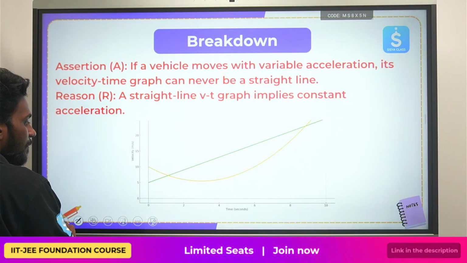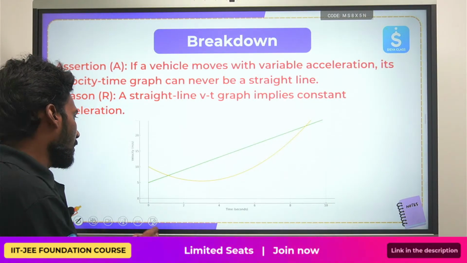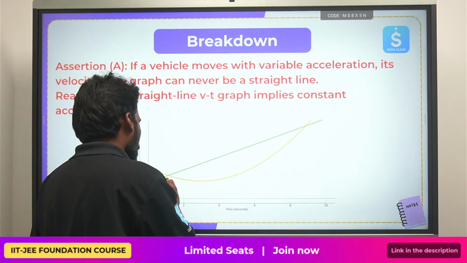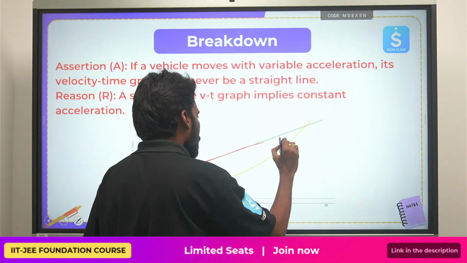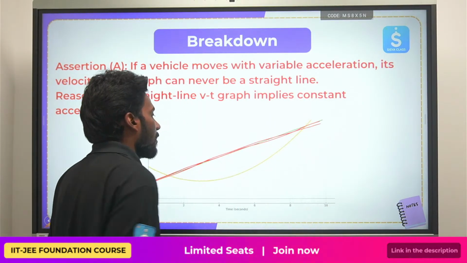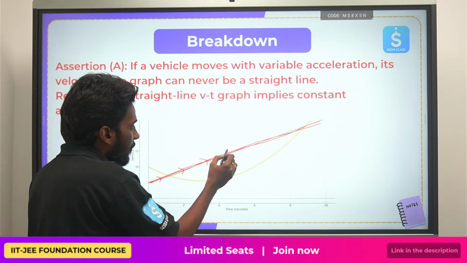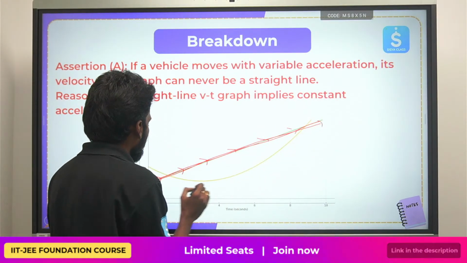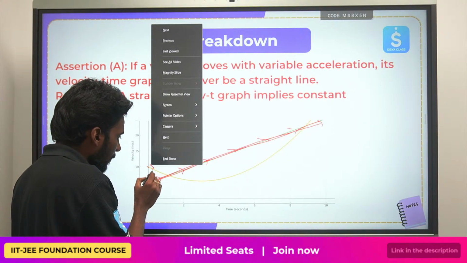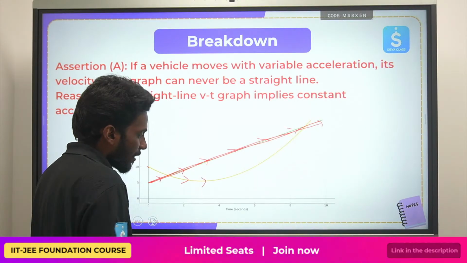right? So what about this graph? Here if you see, the green line represents a constant acceleration because the velocity is gradually increasing with the time here. Whereas if you see the yellow line, the velocity first is more, then it decreased by the end of the third second.